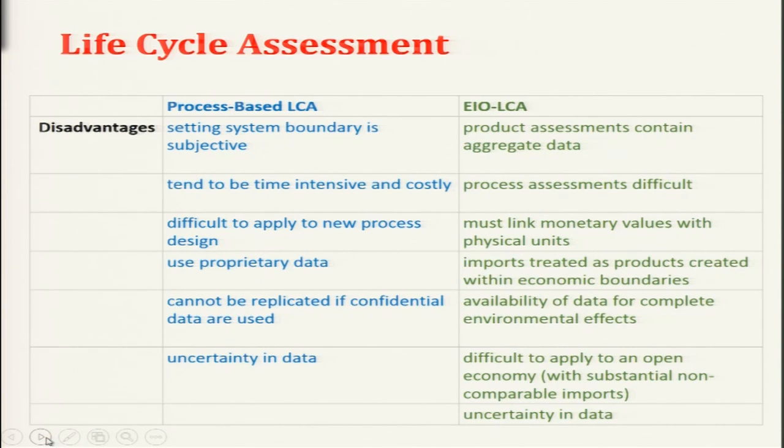Disadvantages are also there for both kinds of life cycle assessment. In process based life cycle assessment, setting the system boundary is subjective. We do not know what the system boundary is, but we have to limit it to some extent.